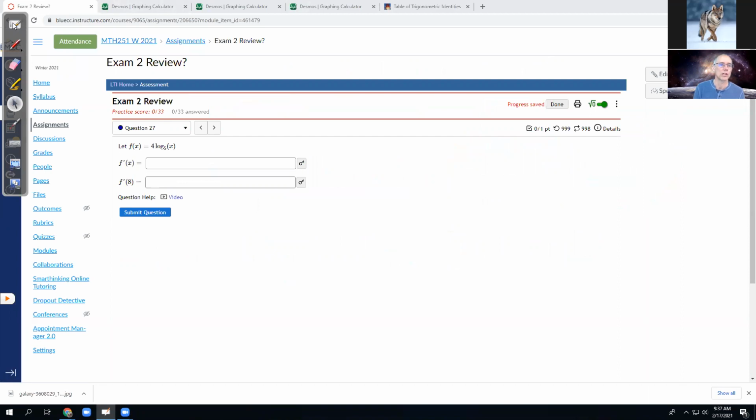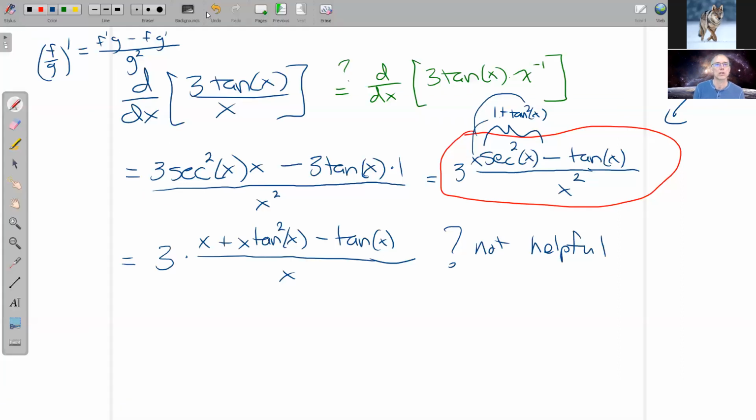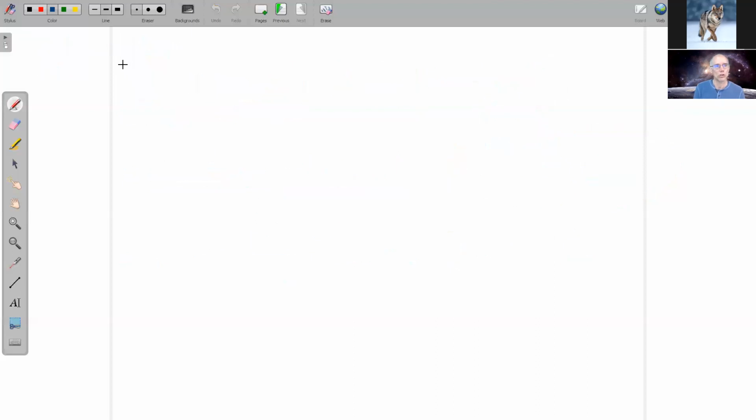Okay. So I want to know what is the derivative with respect to x of 4 times log base 5 of x. And my recommendation was to rewrite this using the change of base formula for logarithms.